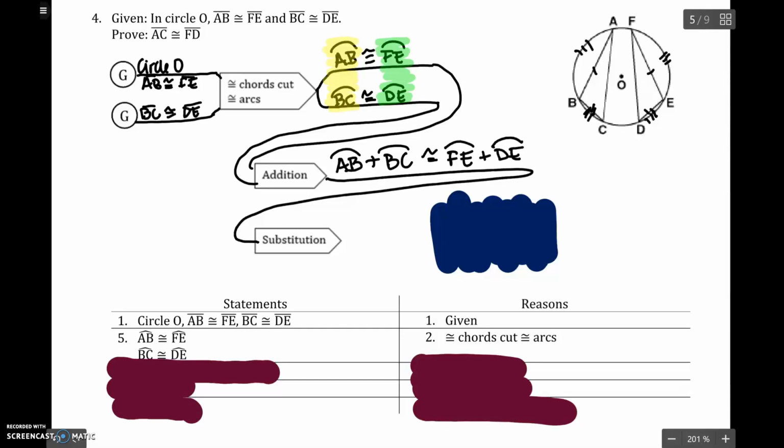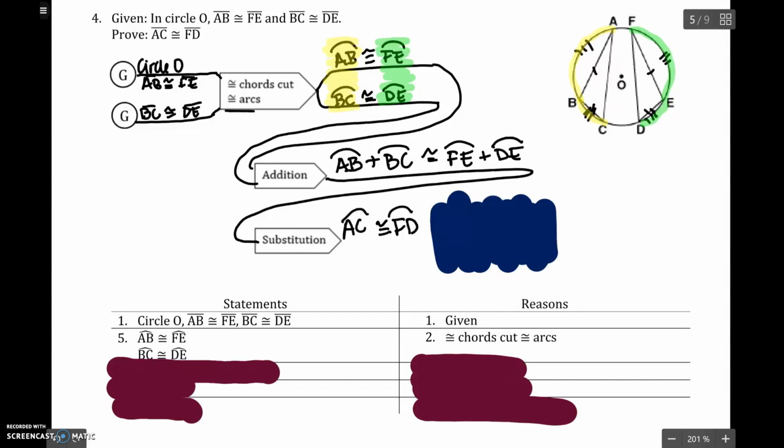So taking arc AB and adding to it arc BC results in arc AC. And then on the other half, taking arc FE and adding on to it arc ED results in arc FD. And I now know that arc AC and arc FD are congruent.